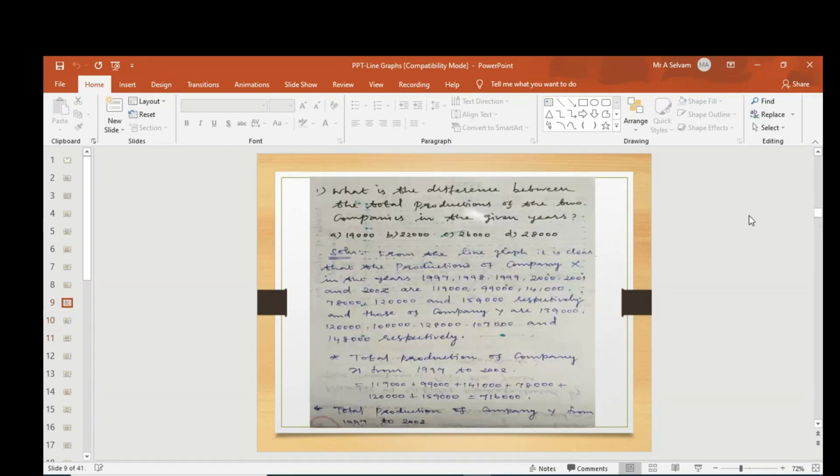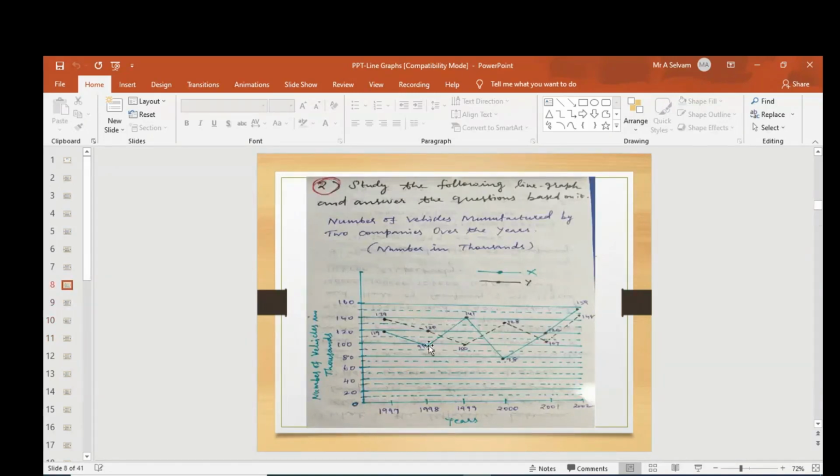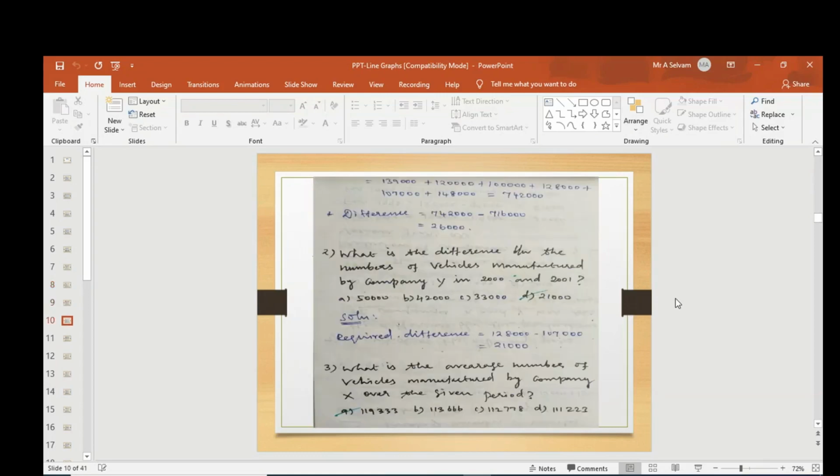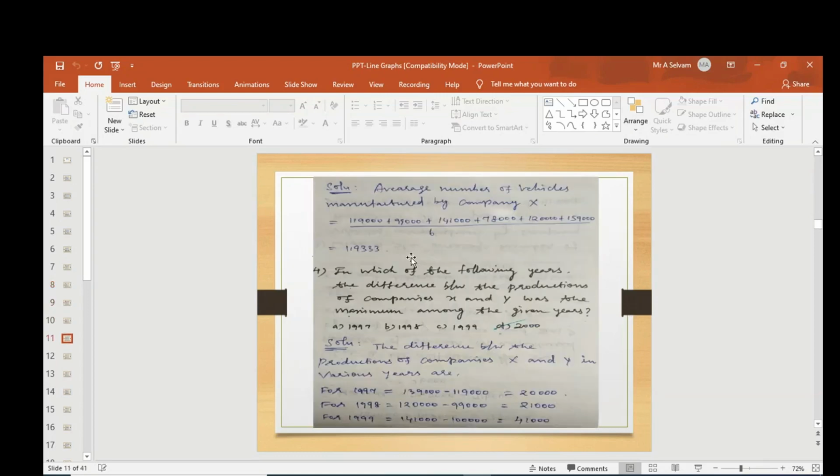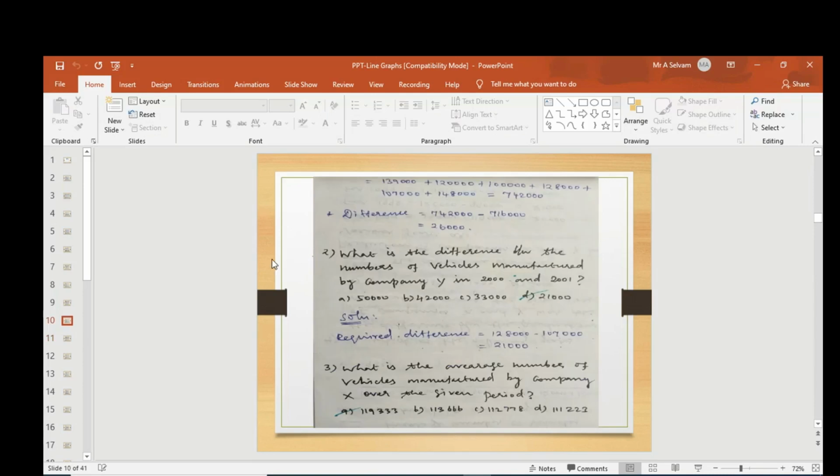X manufacturing company means the violet line, so we can take the values from the line graph, find the average, and get the answer. So 1,19,333 is the answer for the question. Option A is the answer.